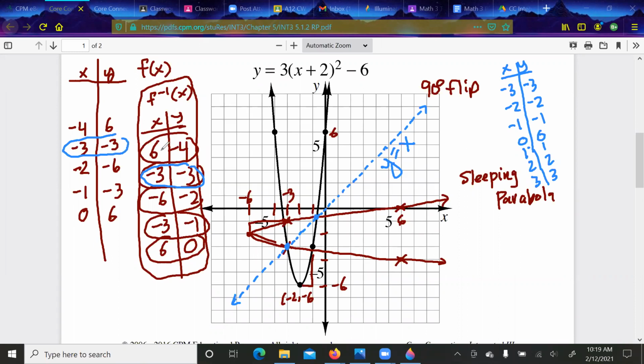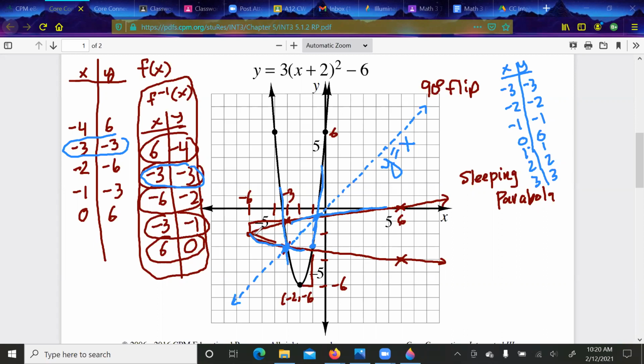Points that have the same coordinates that are on the graph will be on the line of symmetry. And when the graph crosses the line of symmetry, like when this graph crosses it, that's going to be a point on the other graph too. That always happens. Isn't that cool? And this parabola is going to cross the line of symmetry right here.